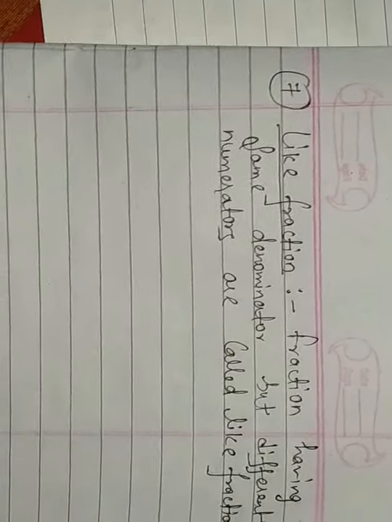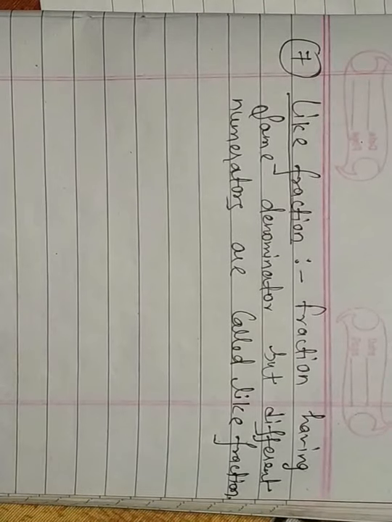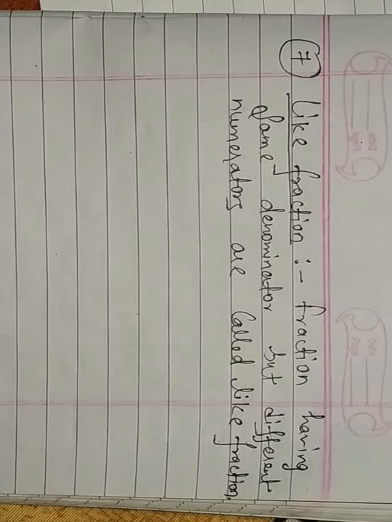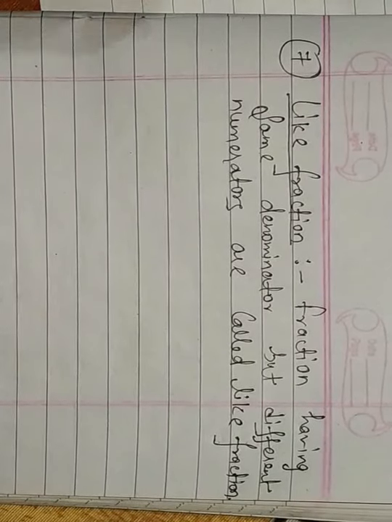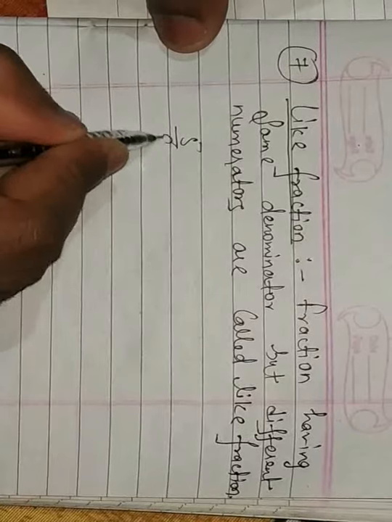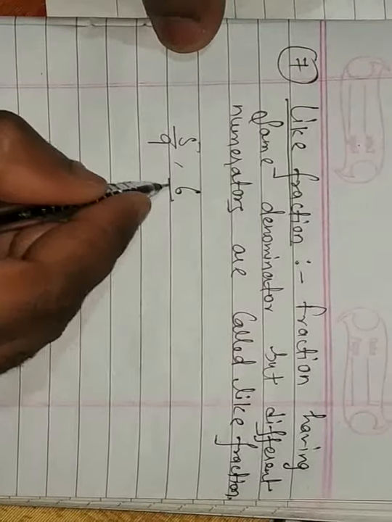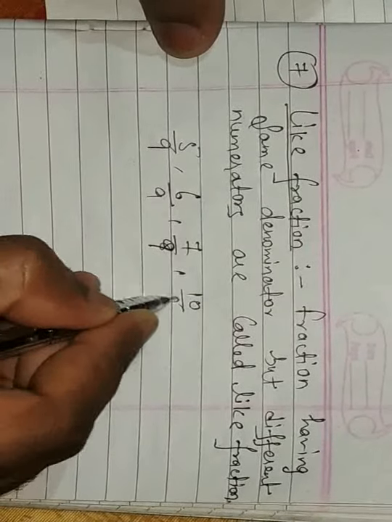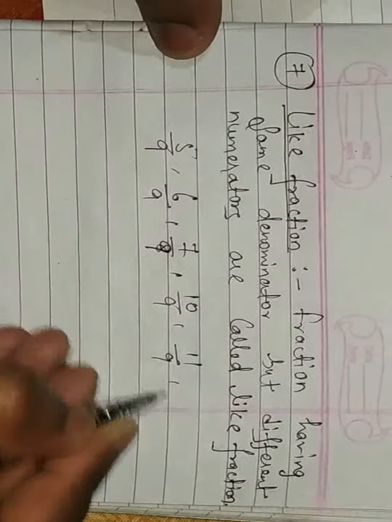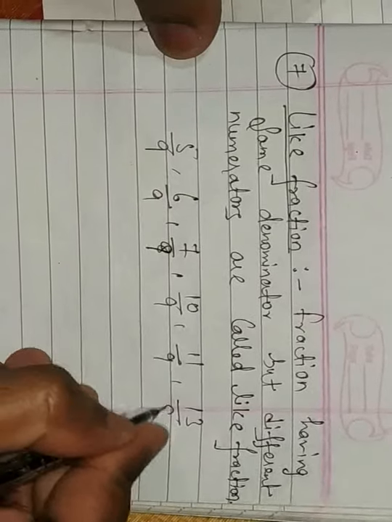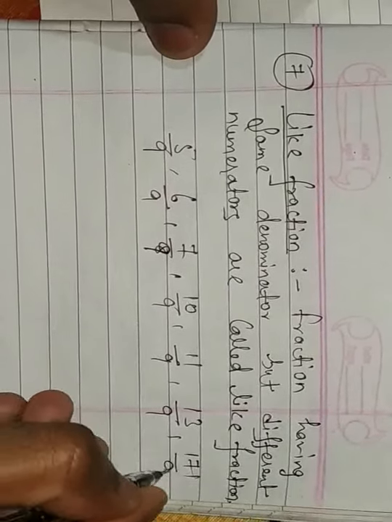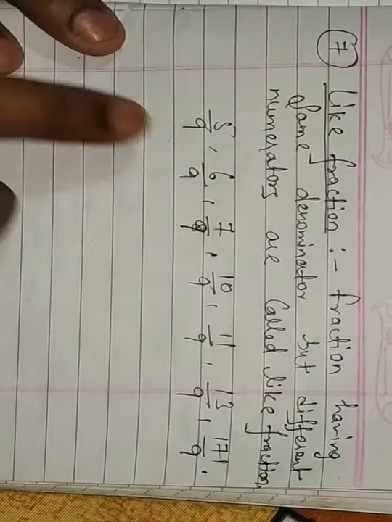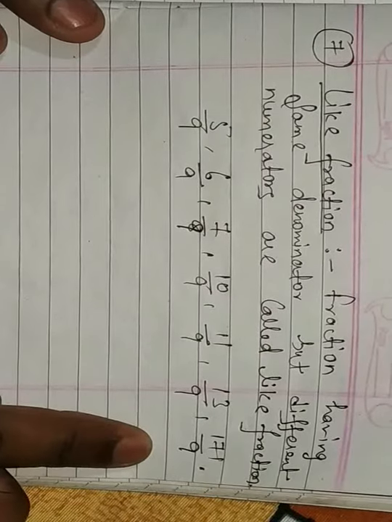What is a like fraction? Fractions having the same denominator but with different numerators are called like fractions. What can be the example? 5 by 9, 6 by 9, 7 by 9, 10 by 9, 11 by 9, 13 by 9, 17 by 9. All these are the examples of like fraction because all the denominators are equal, which is 9.